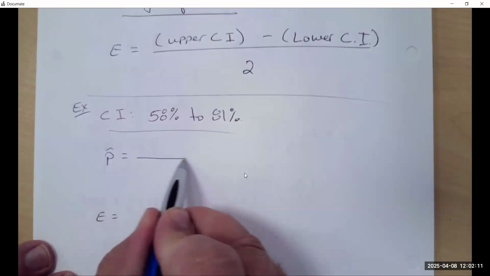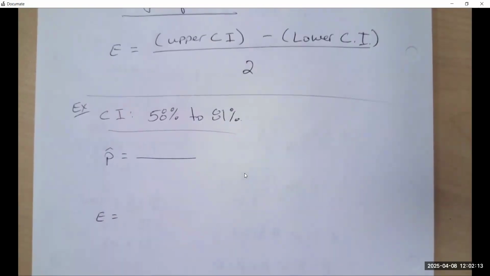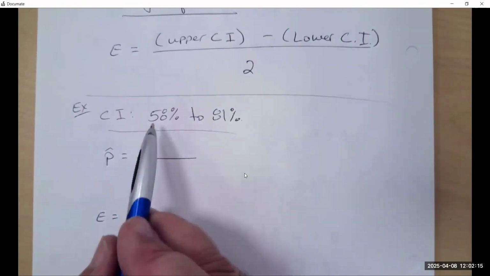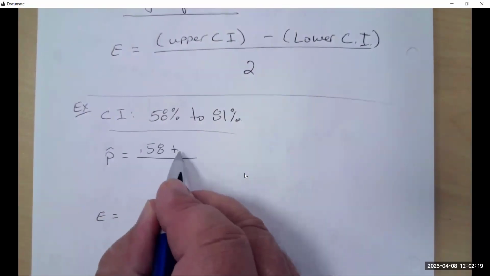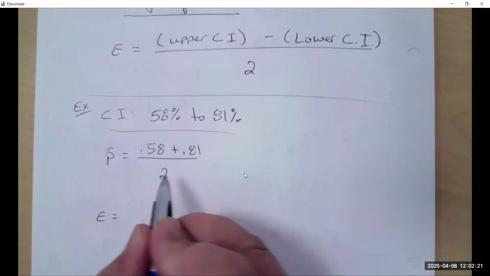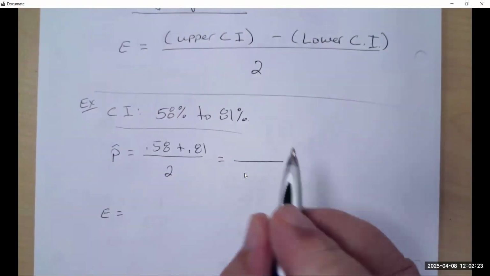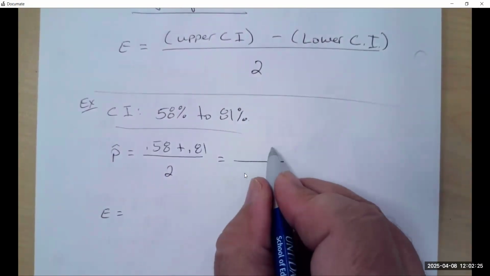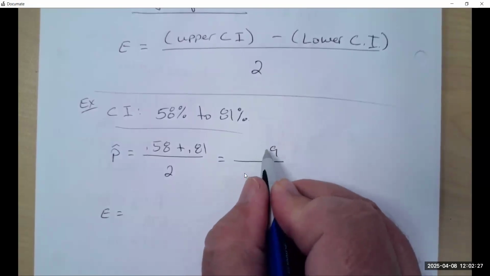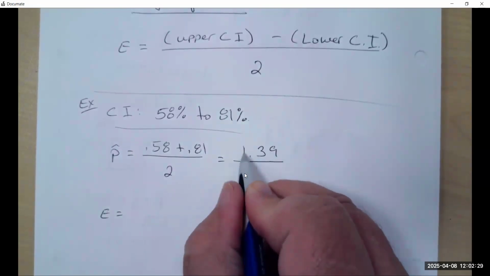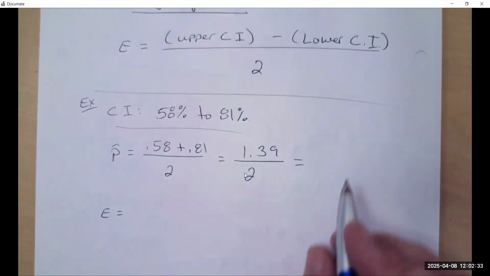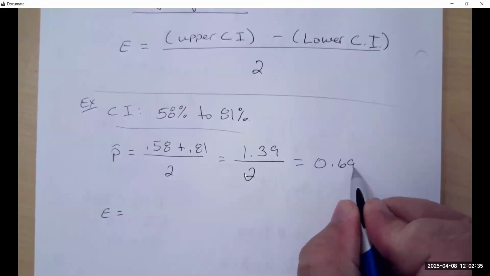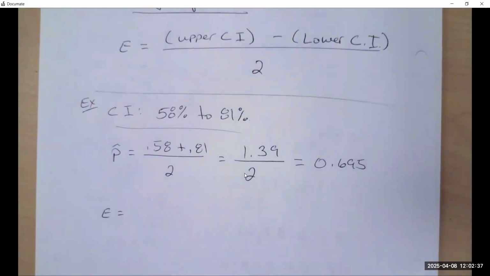So how do you find the point estimate? Add these two up, so it's 0.58 plus 0.81 over 2. So it's 1.39 divided by 2, which gives us 0.695.